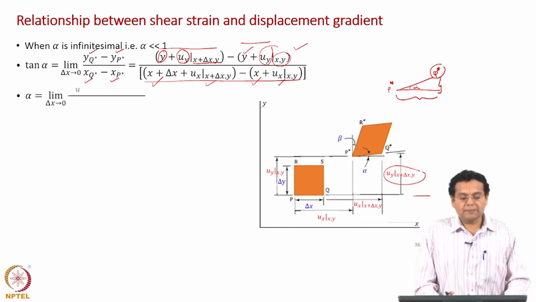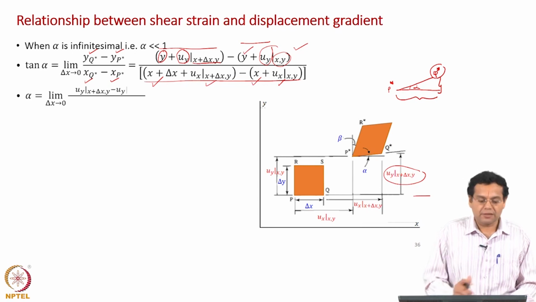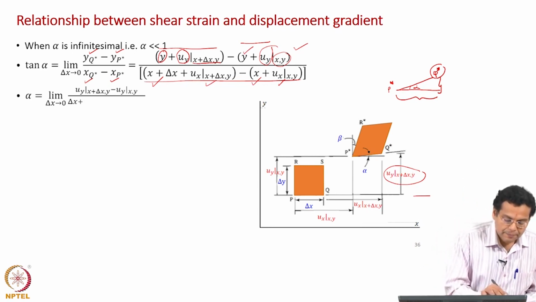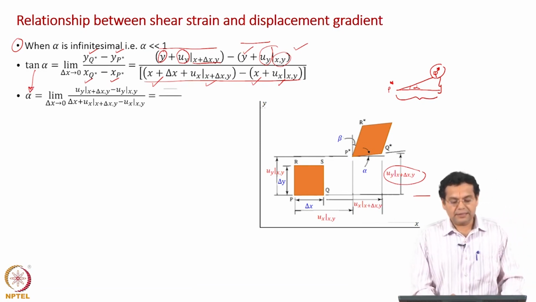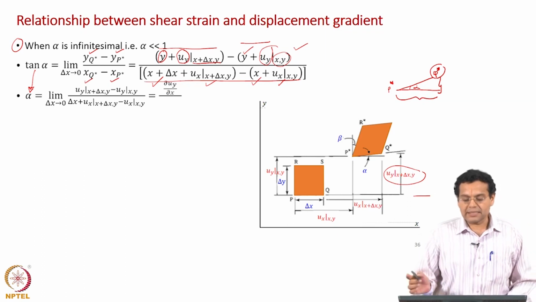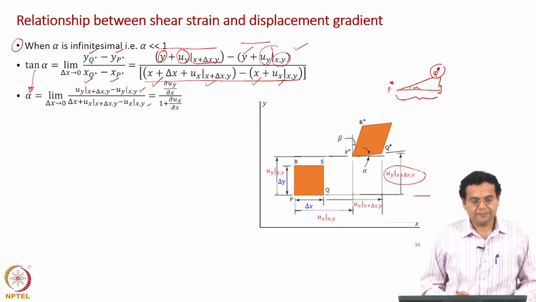Because we said alpha is infinitesimal, I am approximating tan alpha with alpha. This assumption is used in writing tan alpha as alpha. On the right hand side, of course, the numerator y cancels out, and in the denominator x cancels out, leaving us with these terms.